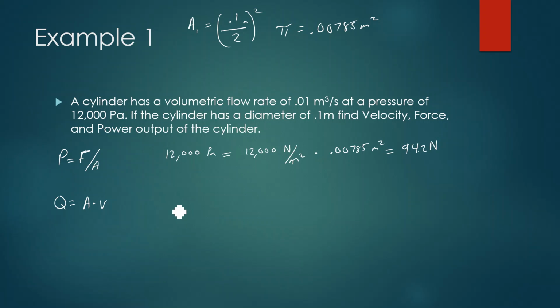So we can take 0.01 meter cubed per second, and that's equal to 0.00785 meters squared times velocity. So we just divide both sides by 0.00785, and we find that velocity equals 1.27 meters per second.